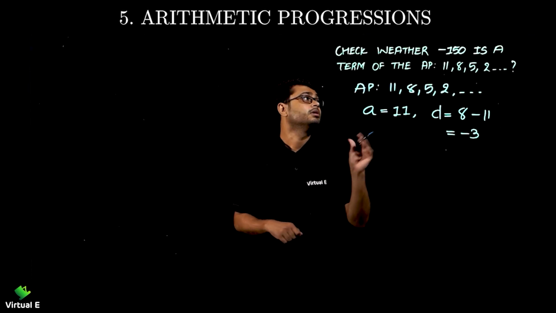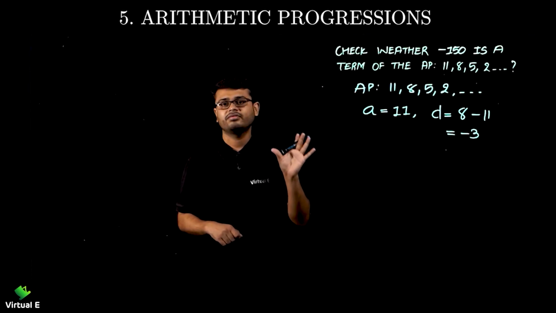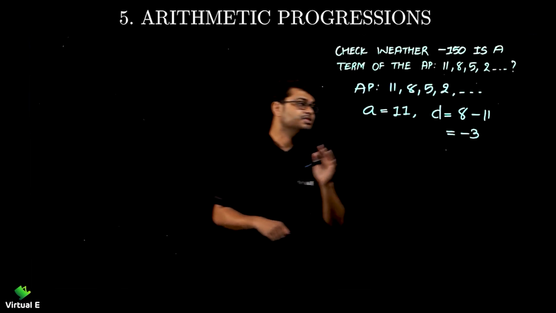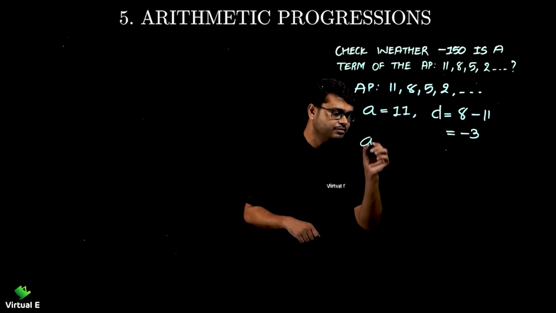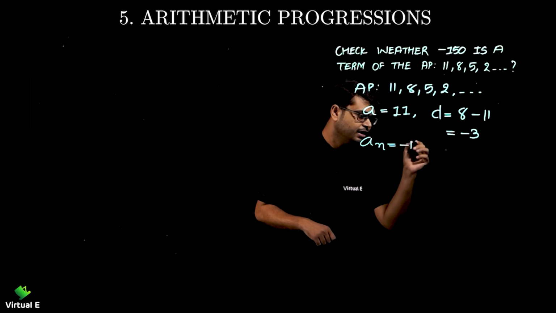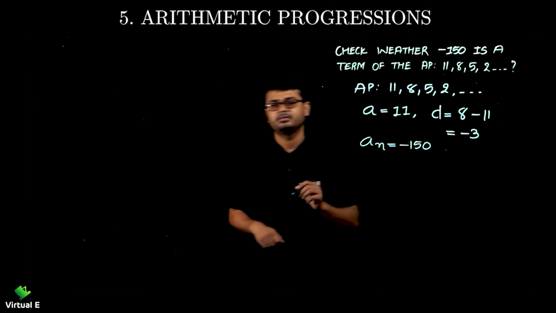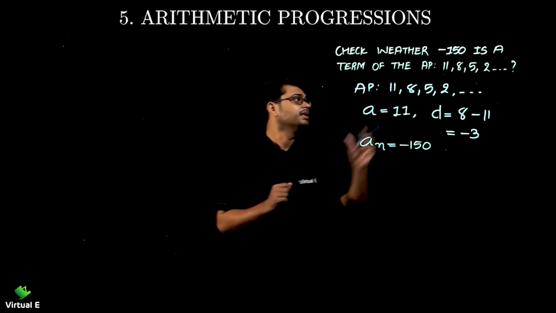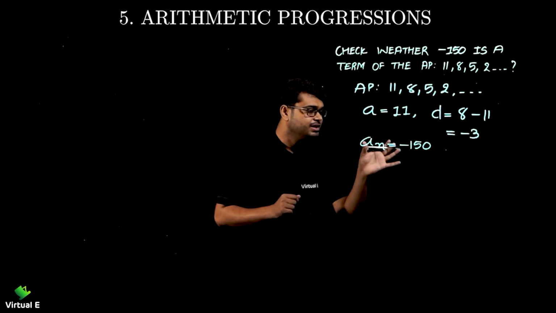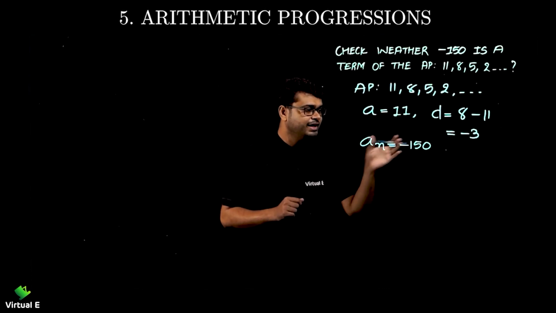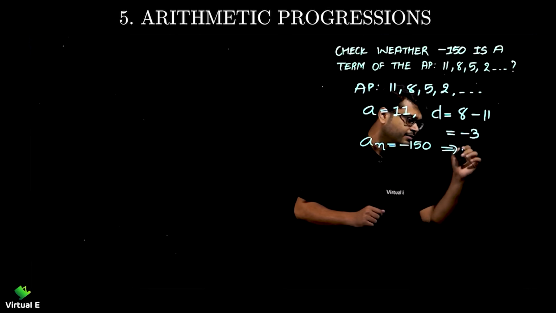Now we want to check whether minus 150 is present or not. In that case, we take that term as an and find the value of n. I'm repeating one more time: take that number as an and find the value of n.